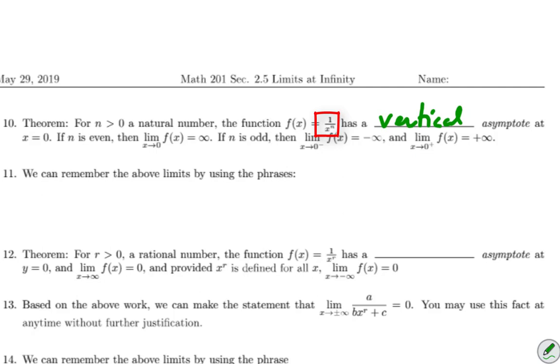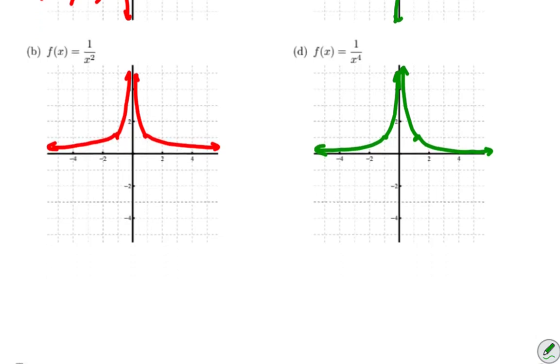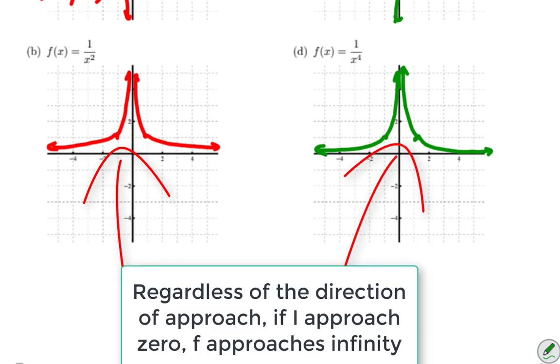When I look at the limit as x approaches 0, I will either get infinity or minus infinity depending on my direction of approach and depending on the function. In fact, if n is even, like 1 over x squared or 1 over x to the 4th, then as I approach 0, I'm always going to get what, regardless of the direction of approach? Positive infinity. We always get an arbitrarily large number.